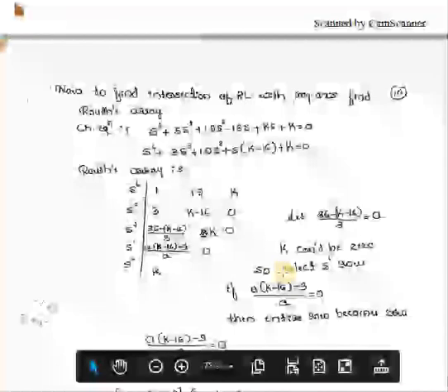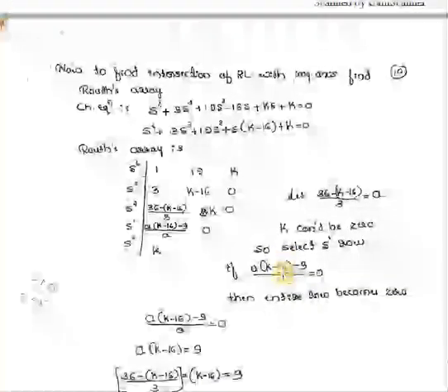So now to find the intersection of RL with imaginary axis, consider the Routh array, that is s^4 + 3s^3 + 12s^2 + (60 - 16)s + k equal to 0. First we need to simplify that characteristic equation. Construct this Routh array. First s^4 term, then s square term, then this constant.